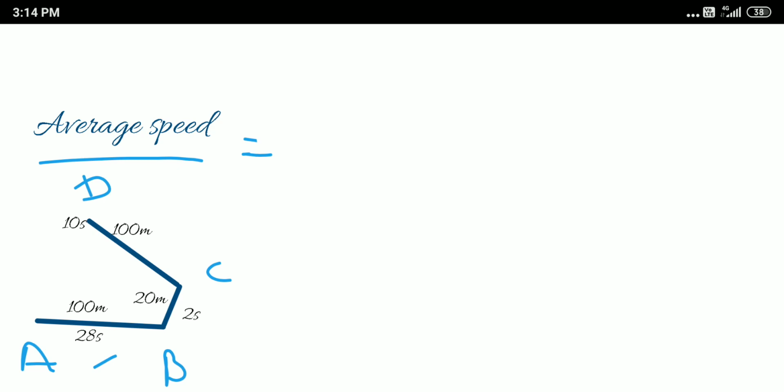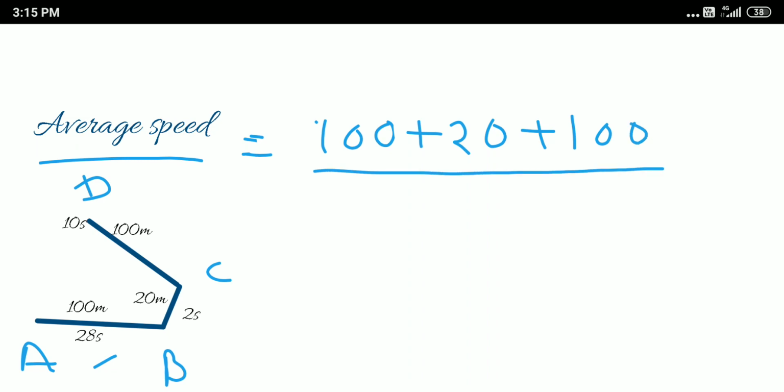So how do we find the average overall speed? We need to find what distance we have traveled. We traveled 100 meters in the first cross section, plus 20 meters in the next cross section, then another 100 meters in the last. And what total time have we consumed?